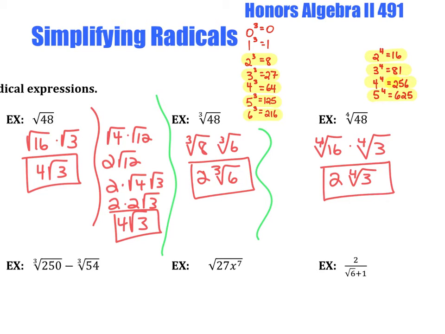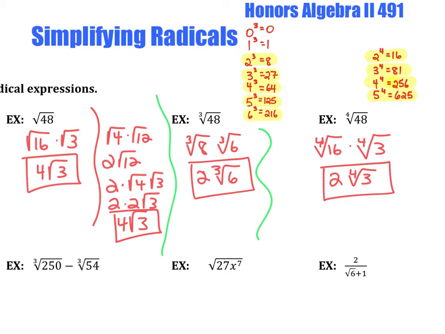And then finally, when we rewrite the fourth root of 48, we want to rewrite it into factors, one of which we can easily take the fourth root of. So the fourth root of 16 times the fourth root of 3, that helps us because the fourth root of 16 is 2, and we can keep going with simplifying. So the process is the same.